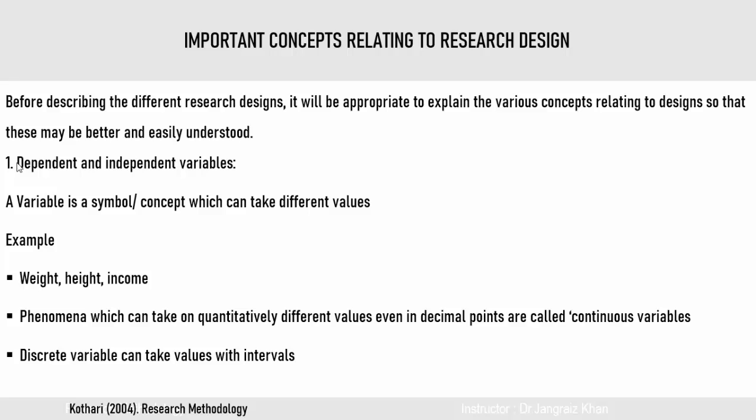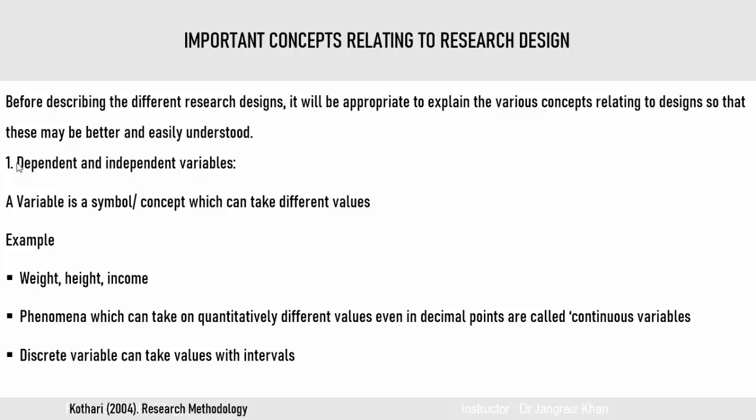If the variable takes all values under observation, then it is called a continuous variable. For example, time is a continuous variable, height is a continuous variable. Similarly, if the variables have some jumps or intervals, it is called a discrete variable. For example, price.